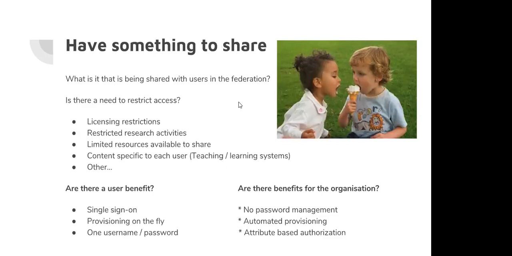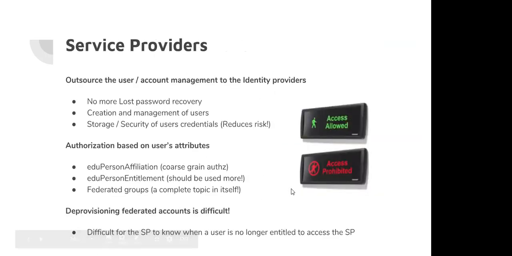Once it's integrated with one identity provider, it can be integrated with many. And they also get the benefit of being able to see users' attributes, which they can use for authorization or personalization, a whole raft of things that attributes are of value for. And we'll talk more about attributes at the APAN conference, I think. There's a session in there, or some time in there, that we'll talk about that.